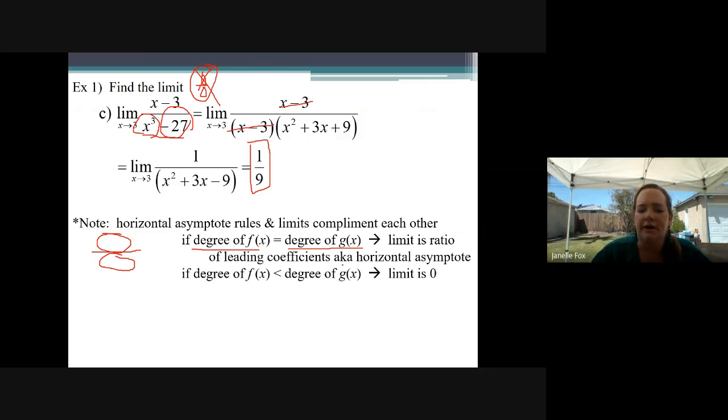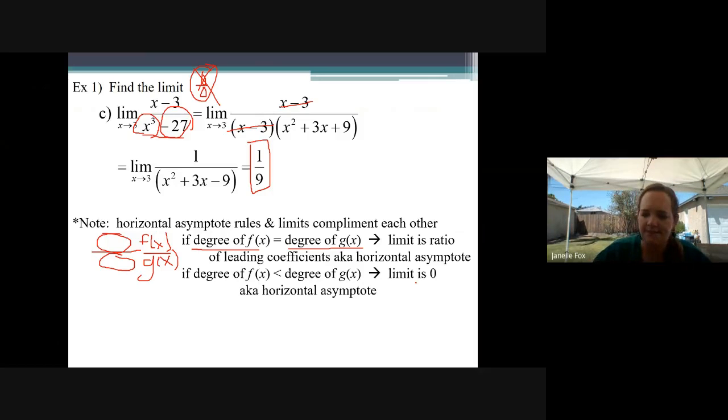If the degree of the top is less than the degree of the bottom, so this is when your f of x is on the top and your g of x function is on the bottom, so if your f function has a smaller degree, then the limit is 0, and it has a horizontal asymptote at the x-axis.